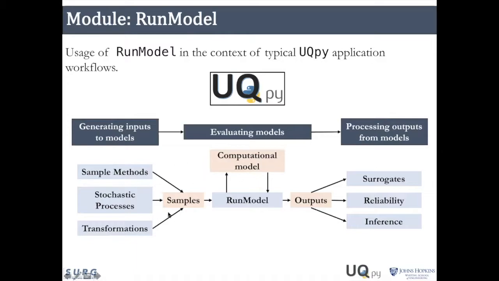All of these samples generated by UQpy modules can be directly passed in as the input to RunModel. RunModel will execute the computational model and collect the outputs. Other UQpy modules, such as the surrogates module or the reliability or inference module, can utilize these outputs and do some more processing over them, according to the application which the users have in mind.